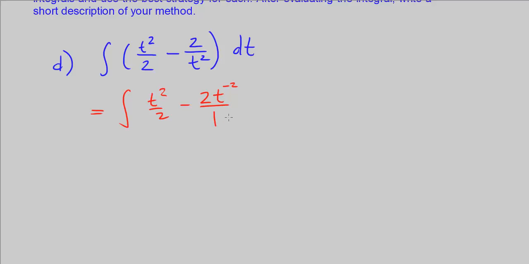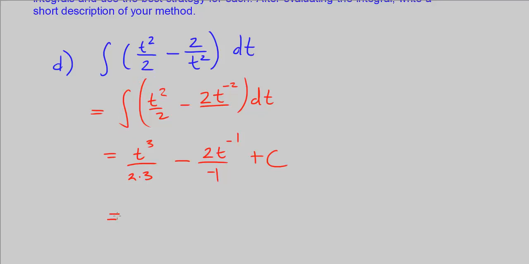I want to bring this up from the denominator, because then I could use the opposite of the power rule, right? When I integrate t squared over 2, that becomes t cubed over 2 times 3. Minus, integrate this, it becomes 2t to the negative 1 over negative 1. Right? And don't forget, since we have an indefinite integral, it's plus c.